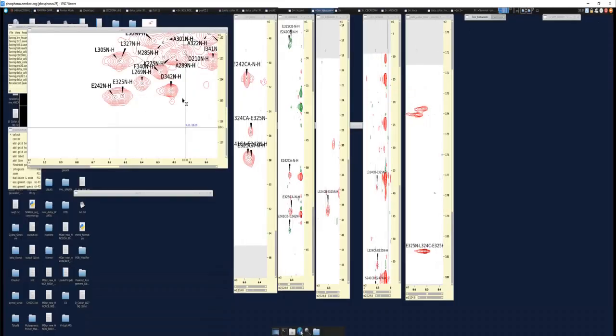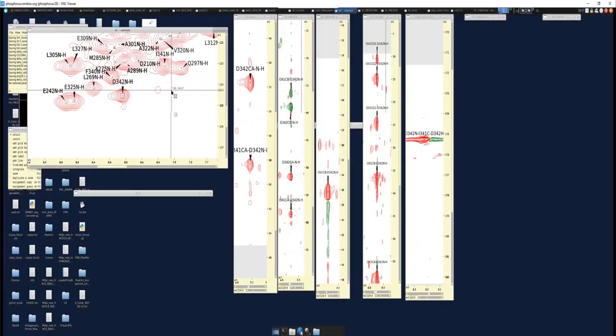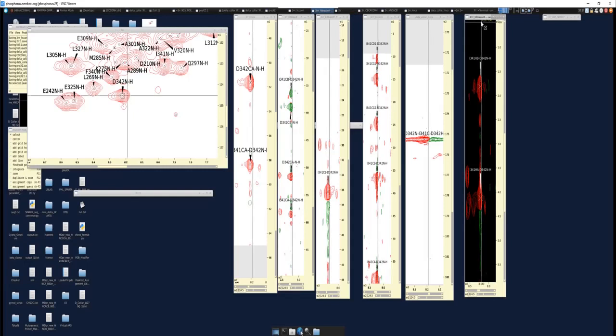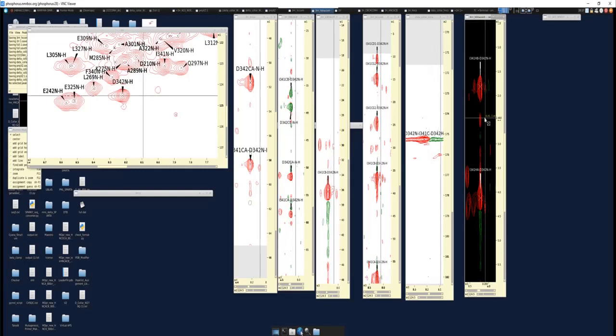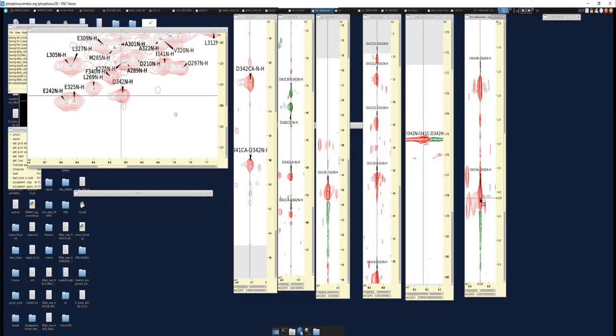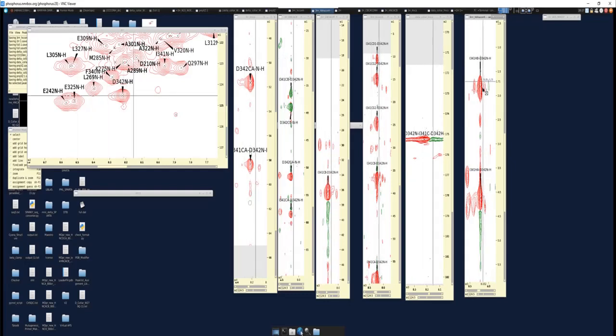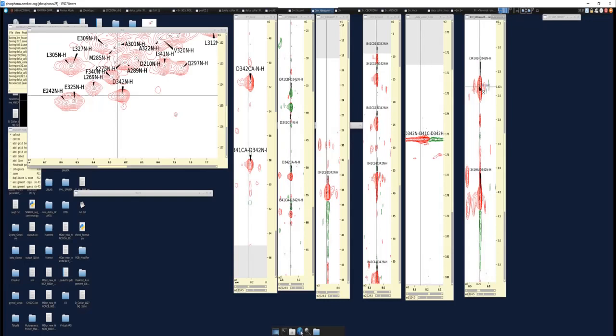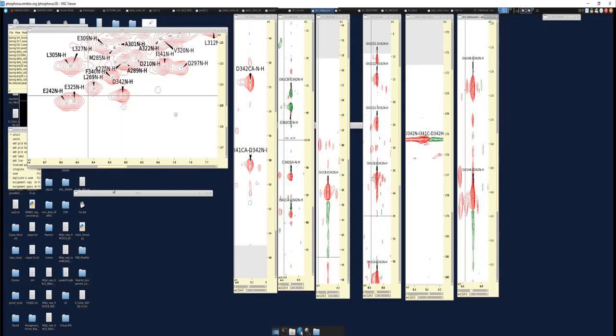So let's go back to this example that we were seeing before, right? We had stated that we have an isoleucine here as the I-1 based off of the HCCONH. So if we look at the HbHACONH strip for this, we have 2 peaks. We have an H alpha and an H beta at 1.8 and 4.1 respectively.